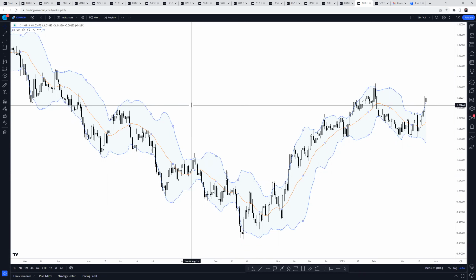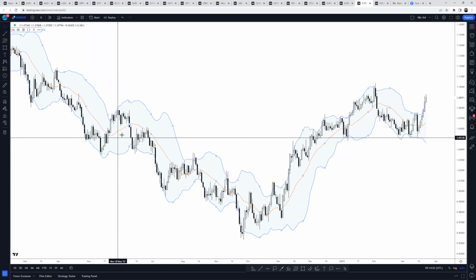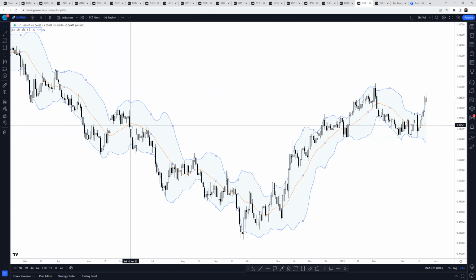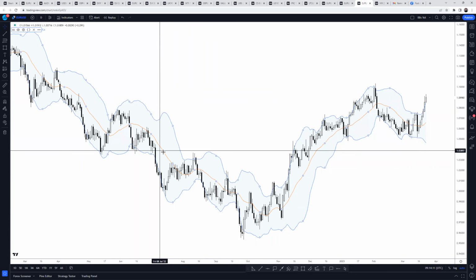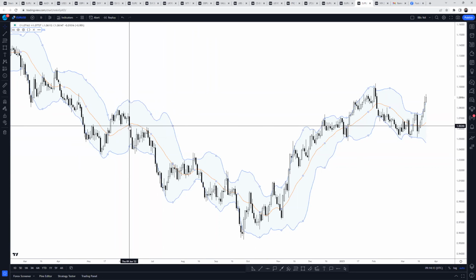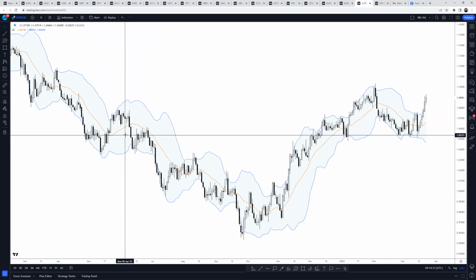Bollinger Bands are set to a simple moving average. So we can all assume that this is a simple moving average, not an exponential moving average, which gives more weight to newer price action. The simple moving average is an equally weighted average, and this is set to 20 periods, which is the default period set by Bollinger himself.